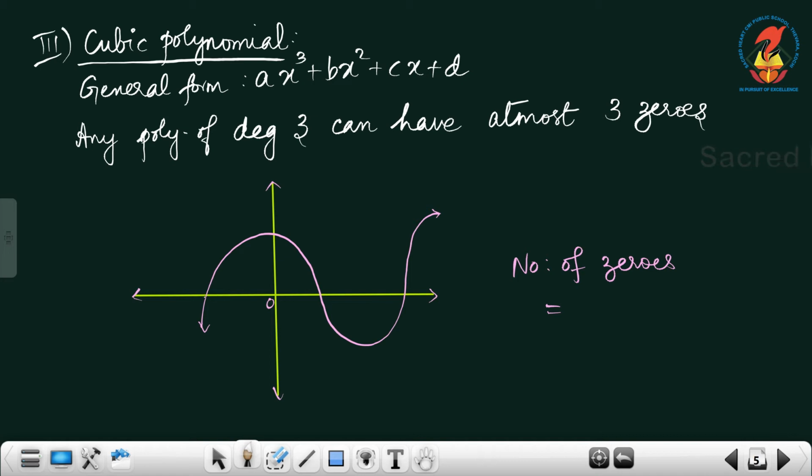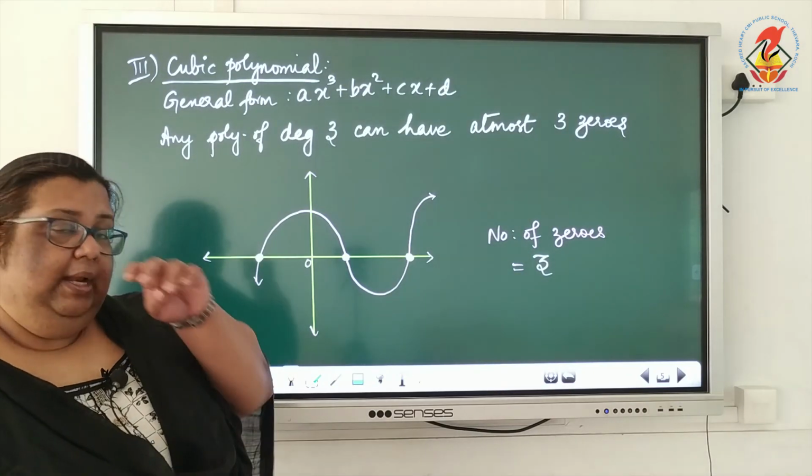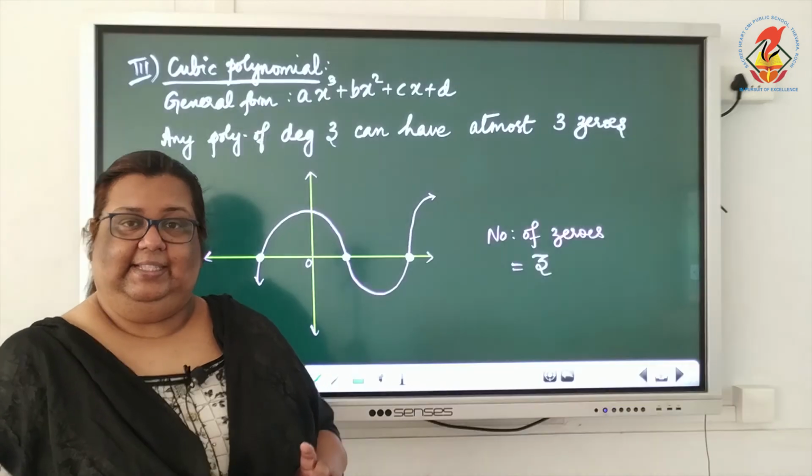So, here you can see there is a graph drawn. It touches the x-axis at how many points? This is the first point, second point, third point. So, how many zeros does this cubic polynomial have? It will be 3.